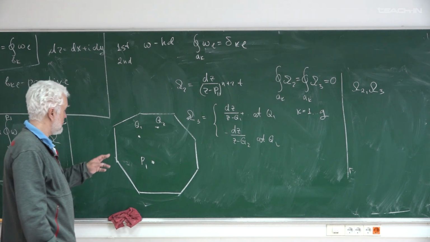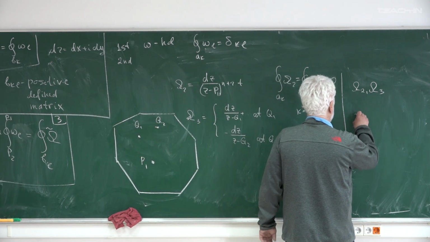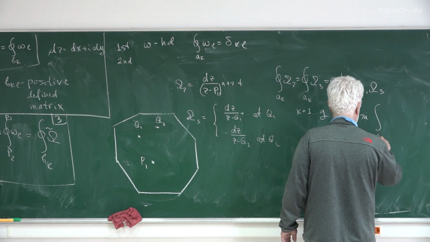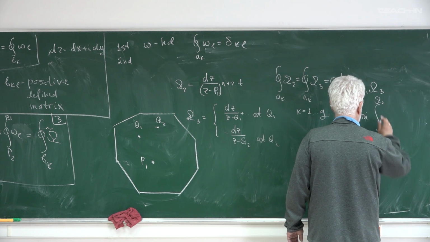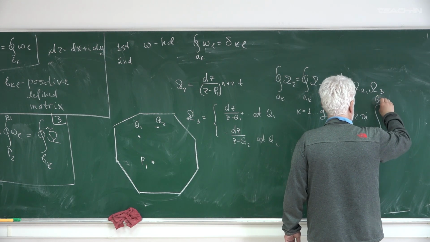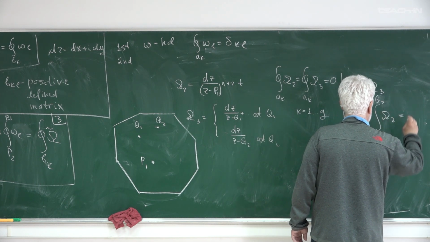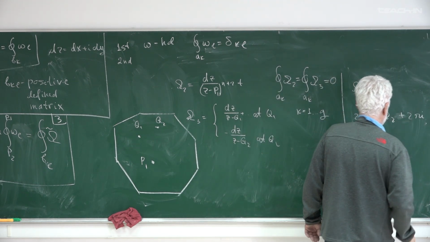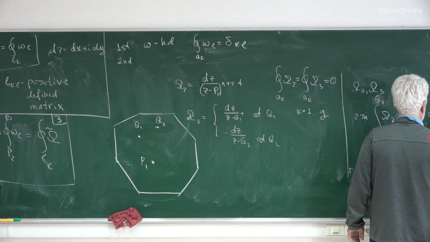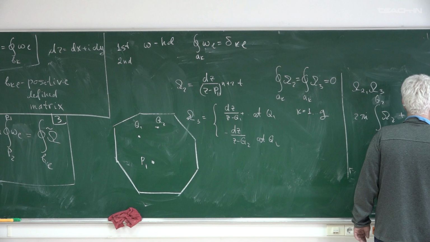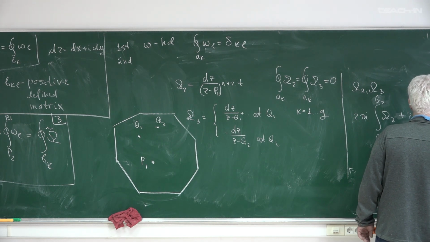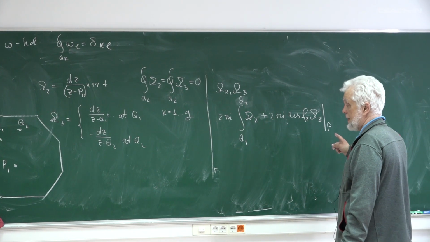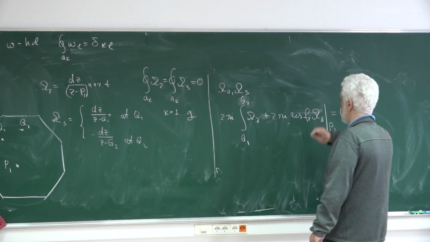Therefore, we obtain 2 pi i plus the point P_1 equals 0.